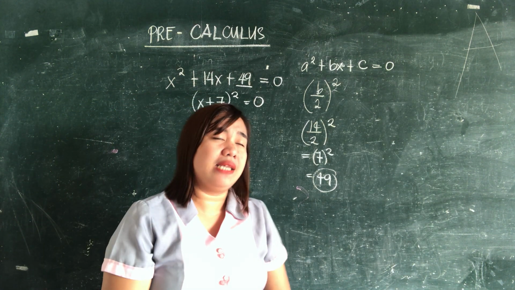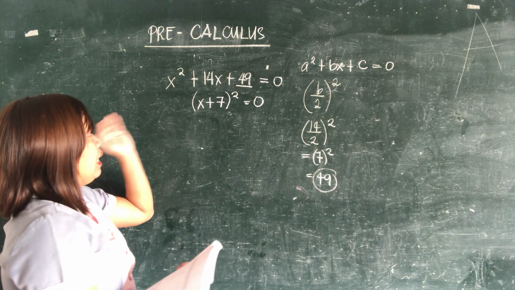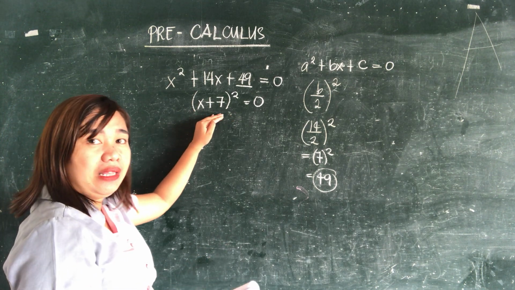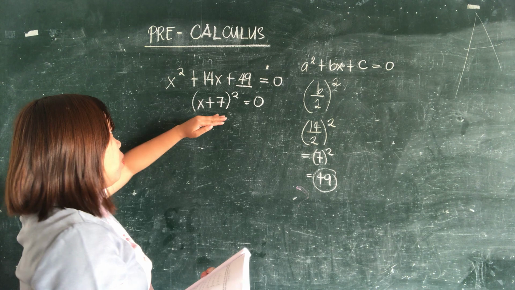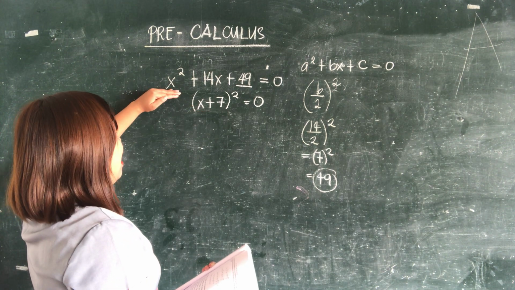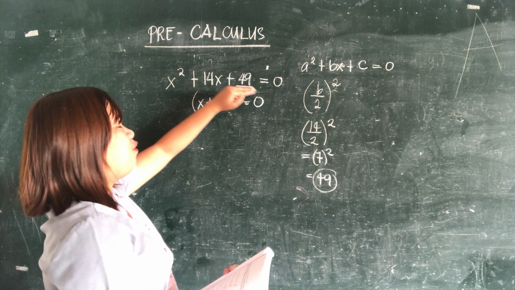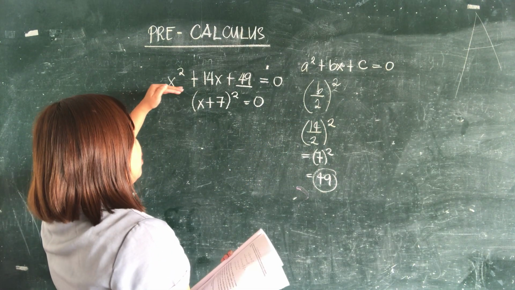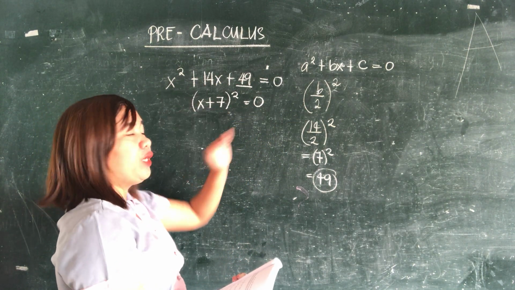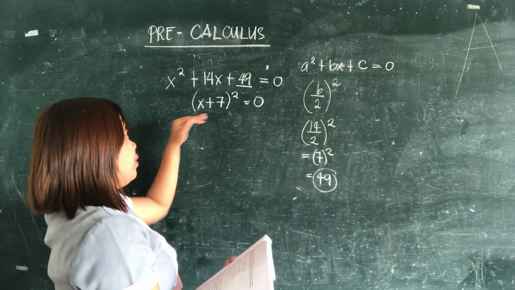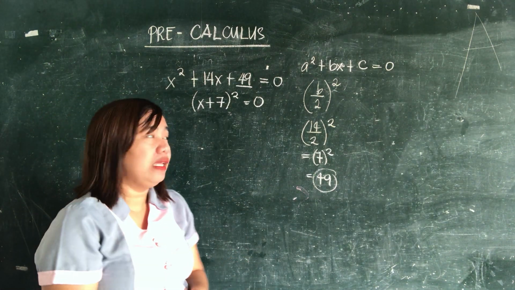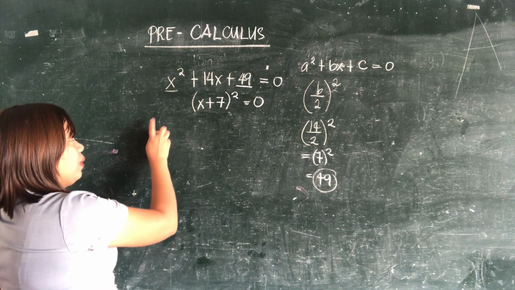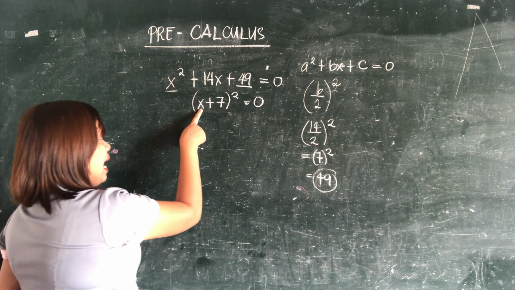If you have noticed, previously, ang ginawa natin, from a square of binomial, we applied the FOIL method, or yung isang method na tinuro ko, to get x squared plus 14x plus 49. Ngayon naman, kabaliktaran. Given sa atin itong x squared plus 14x plus 49 equals 0, then you're going to write the square of the binomial. To do that, all you have to do is get the square root of x squared. Square root of x squared is x.